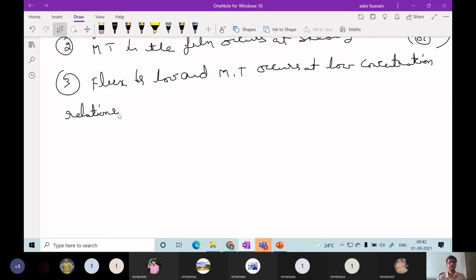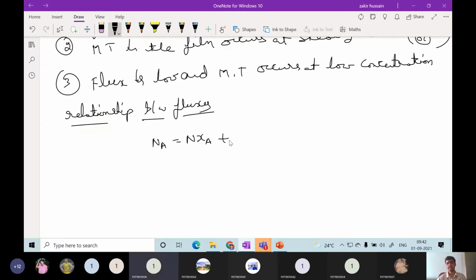Can anybody tell what is the relationship between fluxes? That is NA equal to x_A N plus JA. When the flux is very low, N is equal to 0, so this term will be 0. Therefore, NA is equal to JA.